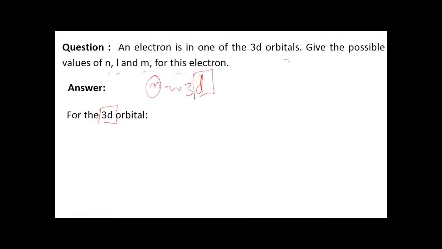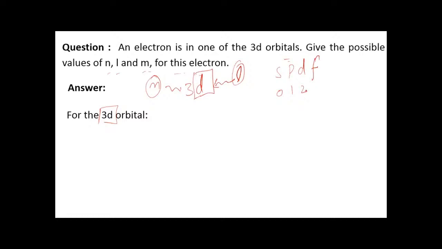On the basis of that we can calculate the value of L. You know, S, P, D and F subshells are present in any main shell. The value of L in case of S is 0, for P 1, for D 2 and for F it is 3.